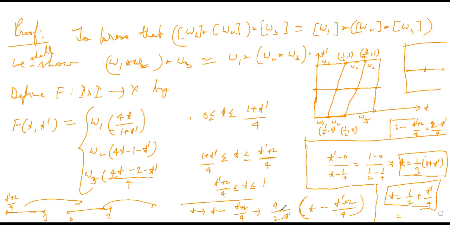Okay, so 4t and then the 4 cancels. This is upon 2 minus t prime. So we have got this formula.